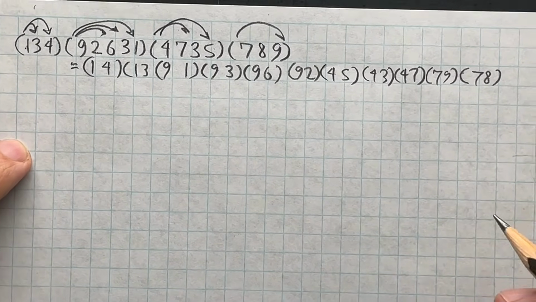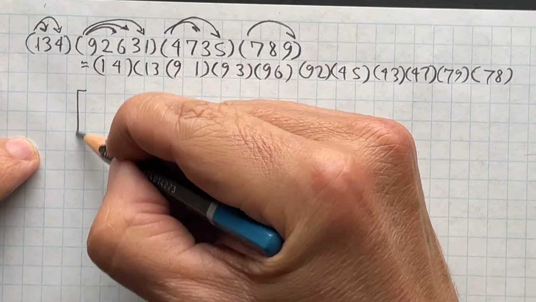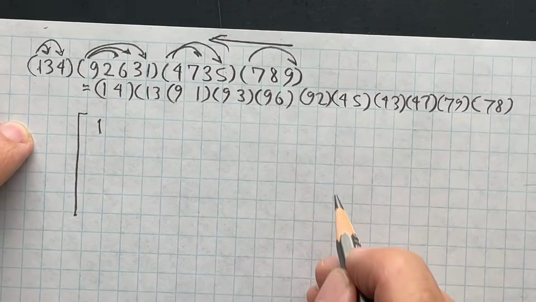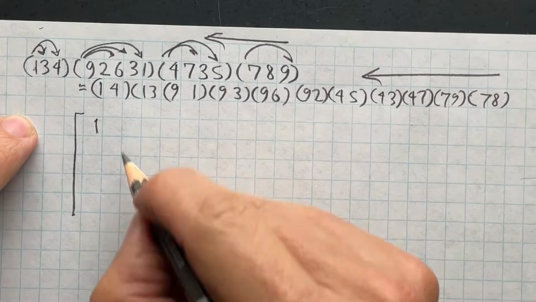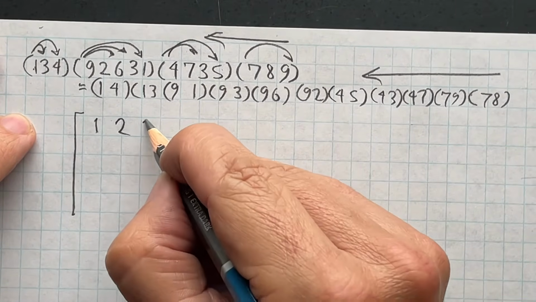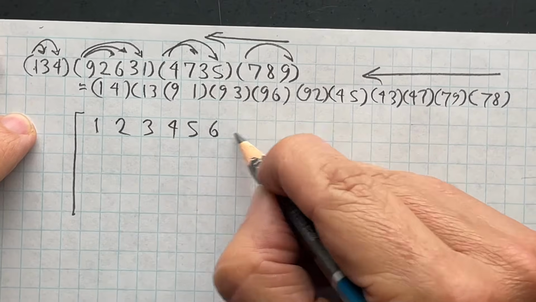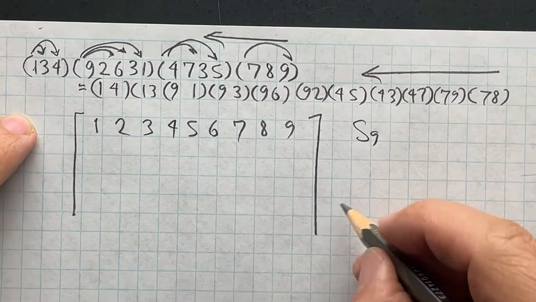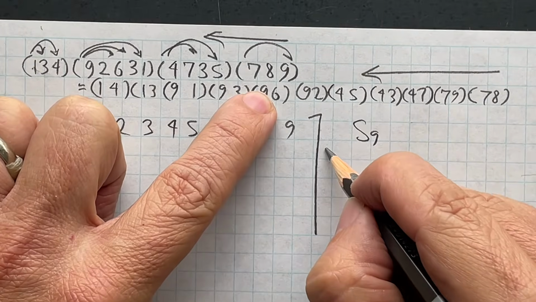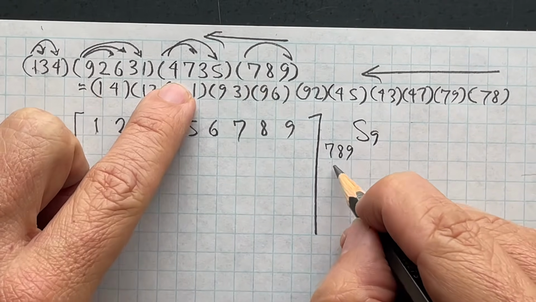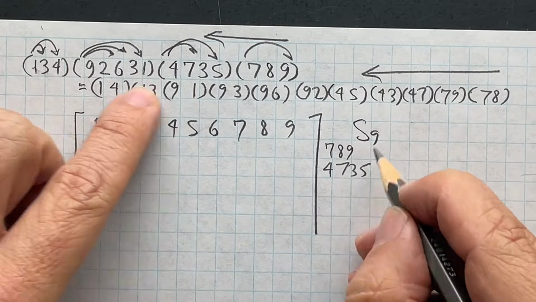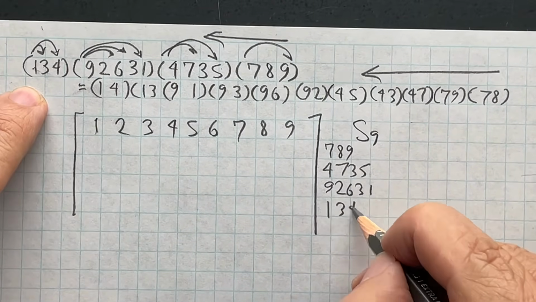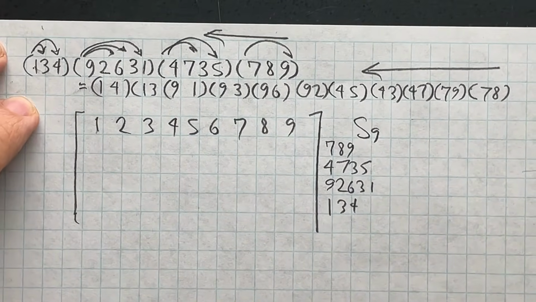Okay, so I'll do the one on the left, and of course you always go from right to left. So this is really S9, right? This is an example in S9. So it's going to be 7, 8, 9, 4, 7, 3, 5, 9, 2, 6, 3, 1, 1, 3, 4. That should give me the final result.